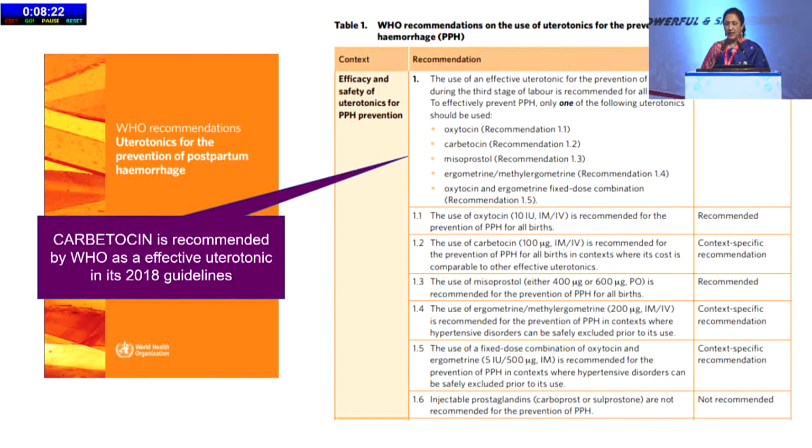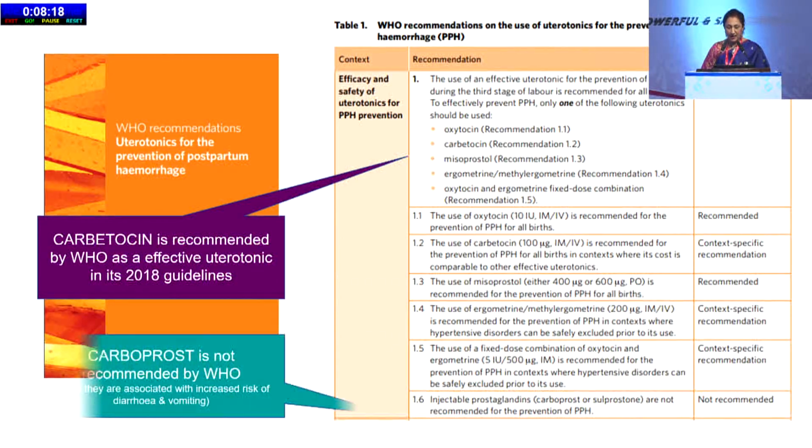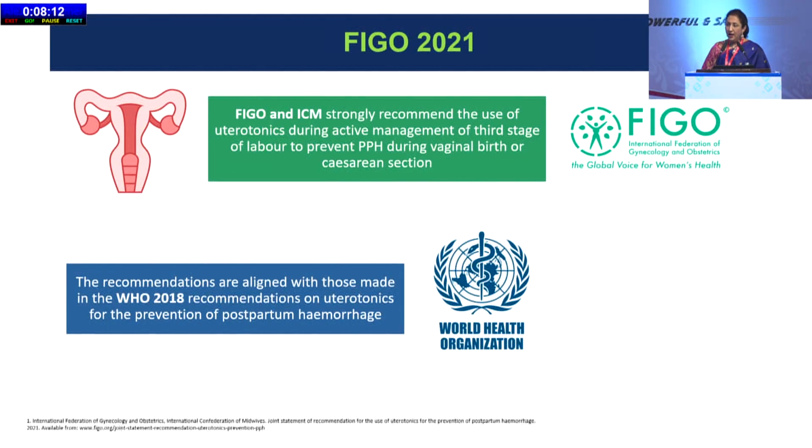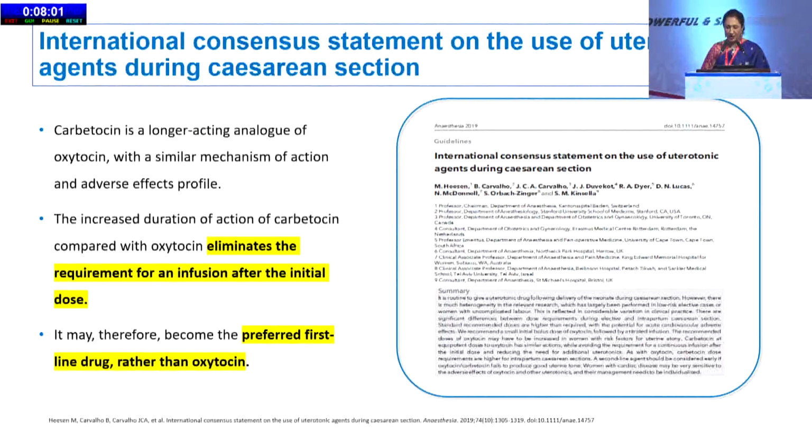WHO has included carbetocin as an effective uterotonic in its 2018 guidelines, and carboprost is not recommended by WHO. FIGO and ICM strongly recommend the use of uterotonics during the active management of the third stage of labor to prevent PPH during vaginal birth or a cesarean section.